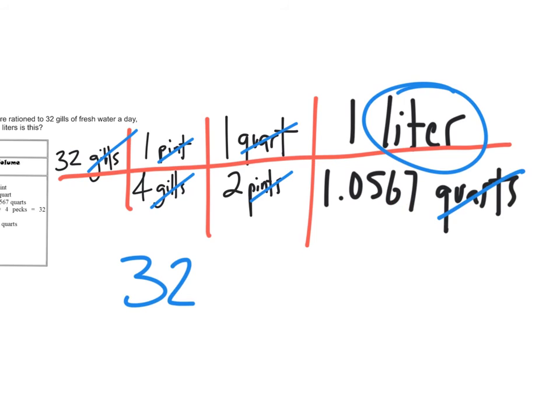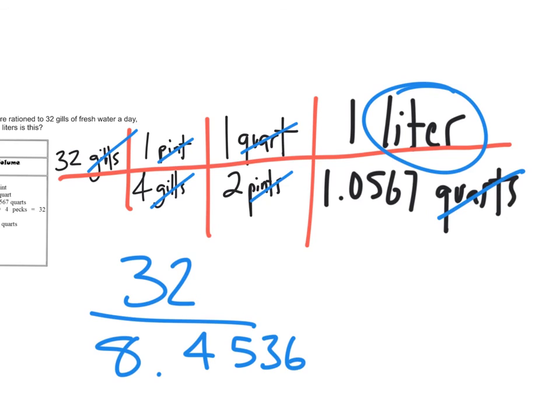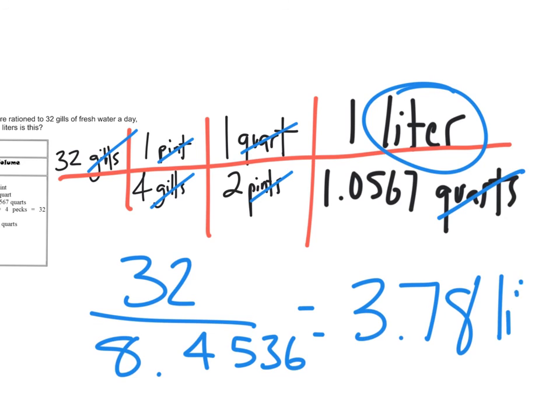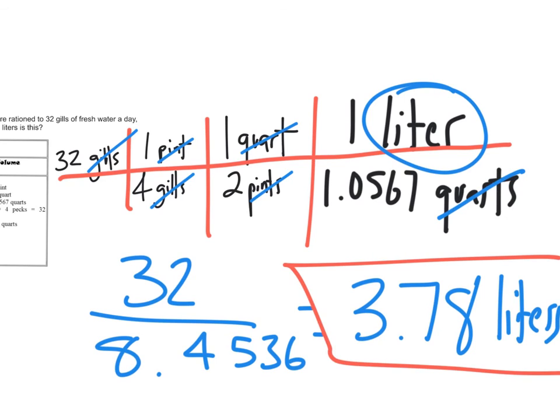And when you do that, you're going to get 8.4536. Next, you're going to need to divide 32 by 8.4536, and you're going to get 3.78 liters. Don't forget the liters. And that, my friends, is our answer. That is 3.78 liters is the same as 32 gills.